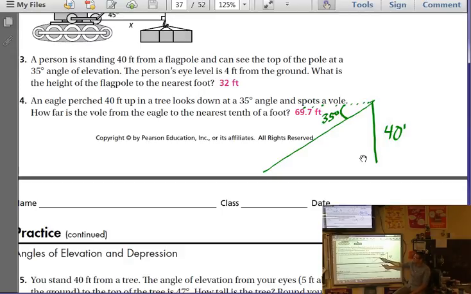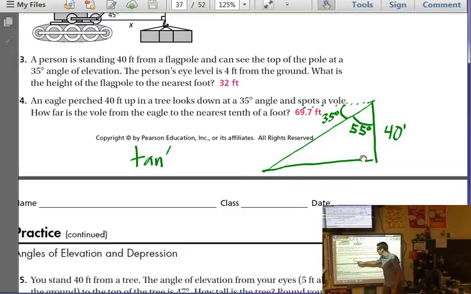How far is the vole from the eagle to the nearest tenth of a foot is solving our hypotenuse. So if I use this angle, that's going to be 55, its complement. If I want to use adjacent and opposite, that would be tangent. So I can set up tangent of 55 equals opposite over adjacent. Or sorry, no, we want to solve the hypotenuse, don't we?